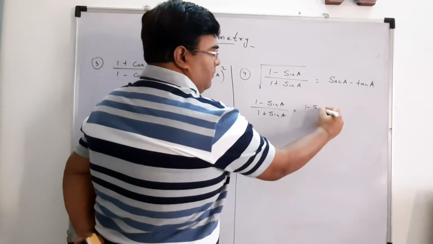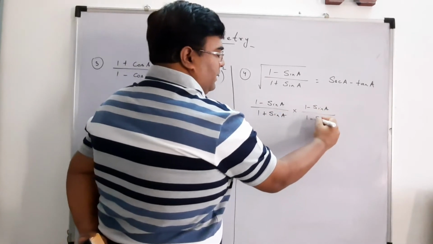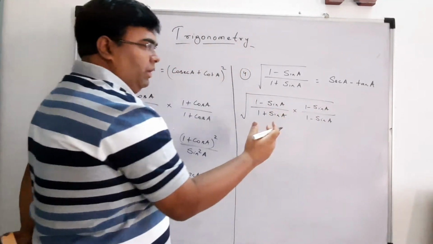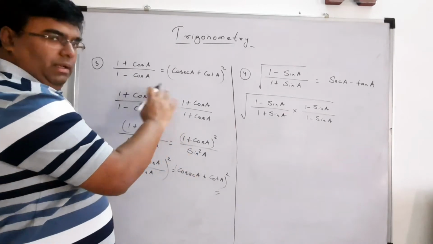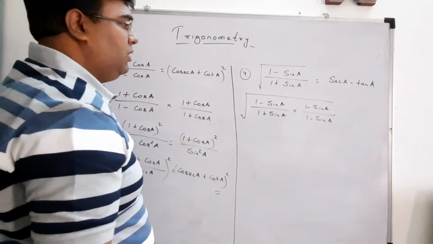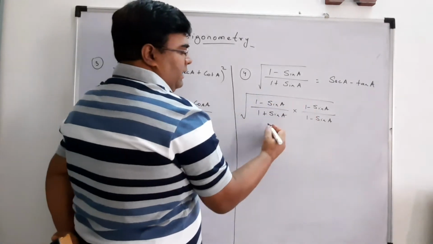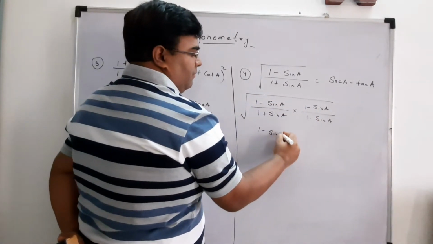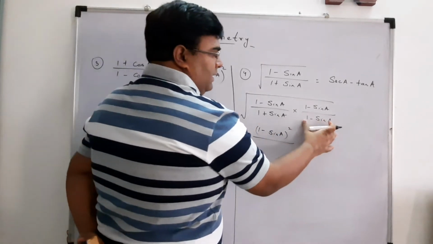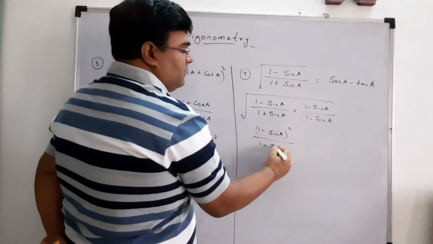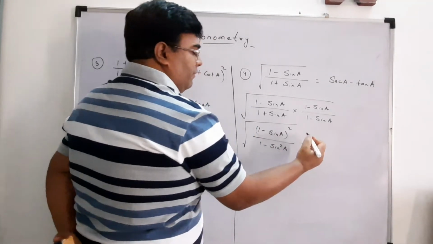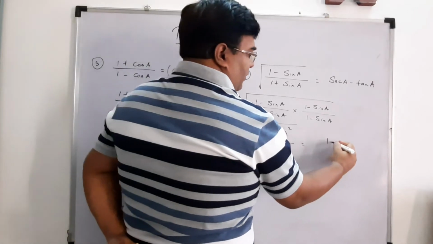We will use 1 minus sin A. I am making my numerator a square and the denominator is changing. So 1 minus sin A whole square upon 1 plus sin A into 1 minus sin A, which gives 1 minus sin square A.